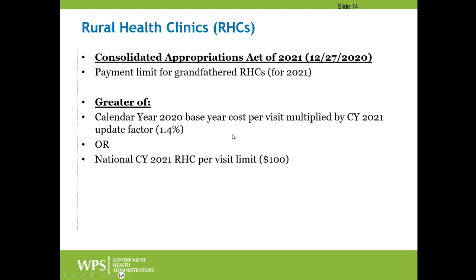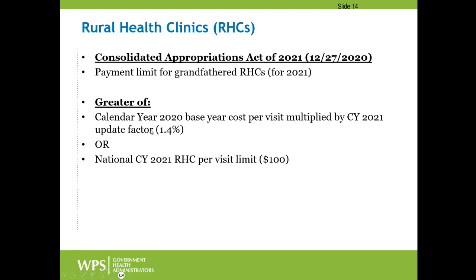Specifically, the limit that's established for the grandfathered RHCs initially for 2021 is the calendar year 2020 base year cost per visit. So just look at that cost report period in the beginning of calendar year 2020, find their cost per visit, and then multiply it by a calendar year 21 update factor.